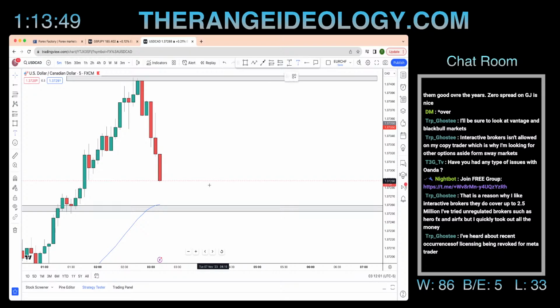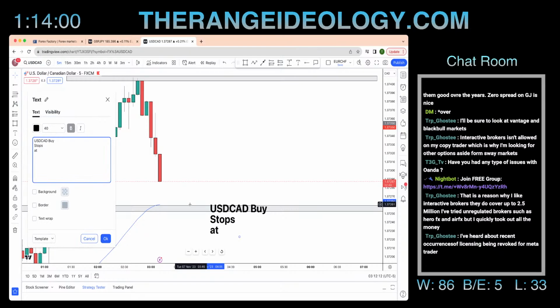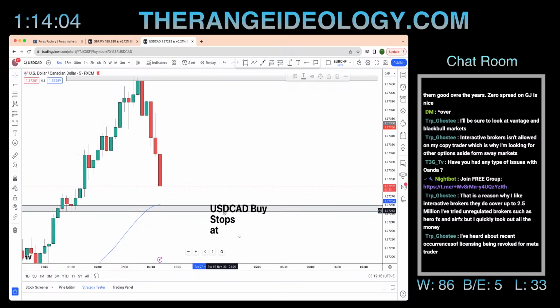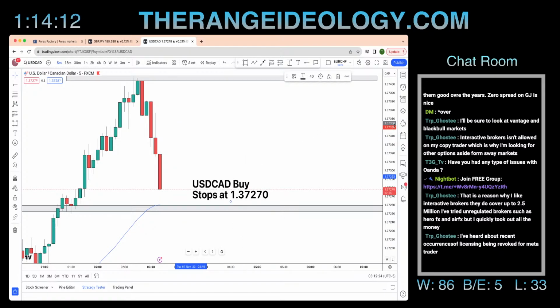So if it pushes down here, guys, I may look for USD CAD buy stops at, what would this be right here? 137,270. So 270 here.